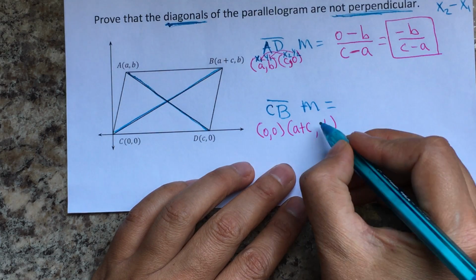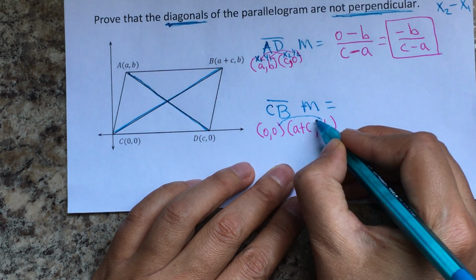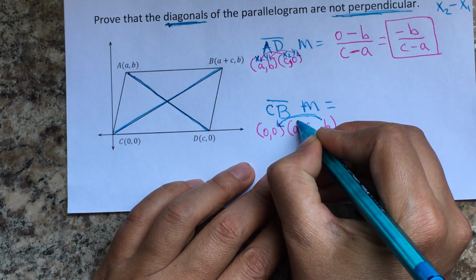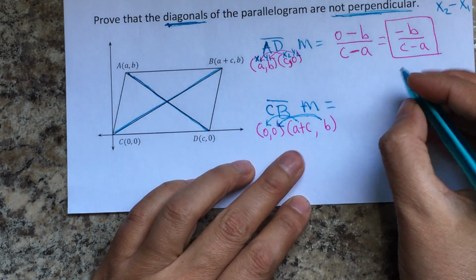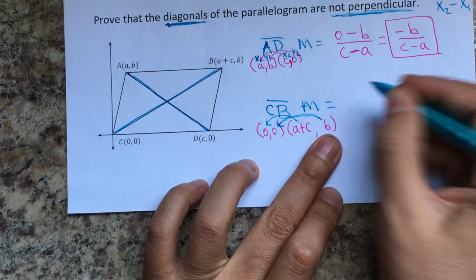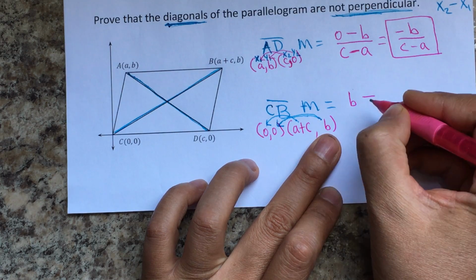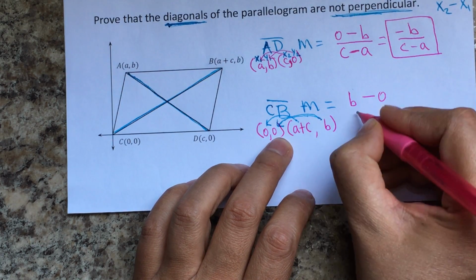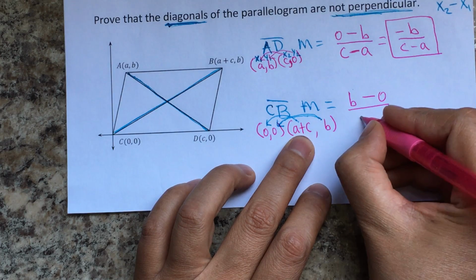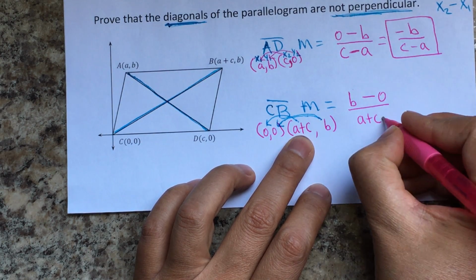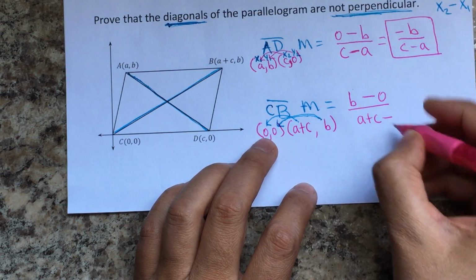Okay, so y2 minus y1 over x2 minus x1. And so it's going to be B minus, from the formula, 0 over A plus C, which is my x2, minus, from the formula, 0.